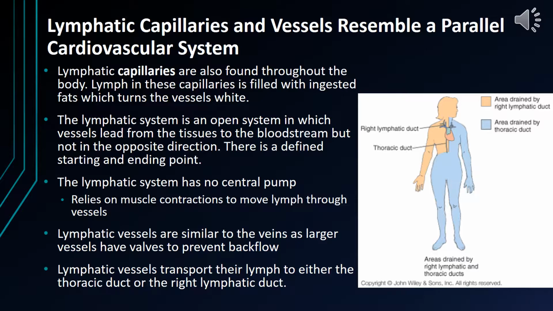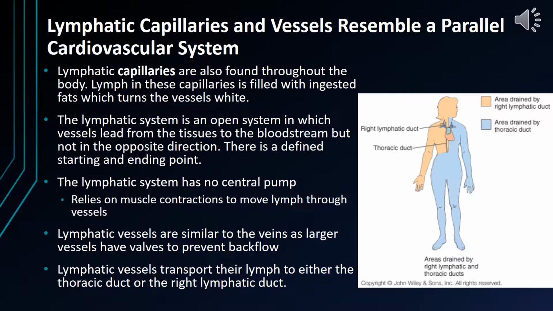The lymphatic system is essentially a type of circulatory system which runs parallel to the cardiovascular system. It also contains capillaries and vessels similar to those in the cardiovascular system. These lymphatic capillaries are found throughout the body, and they are themselves white because they contain lymph, which is white due to the lipids it carries.